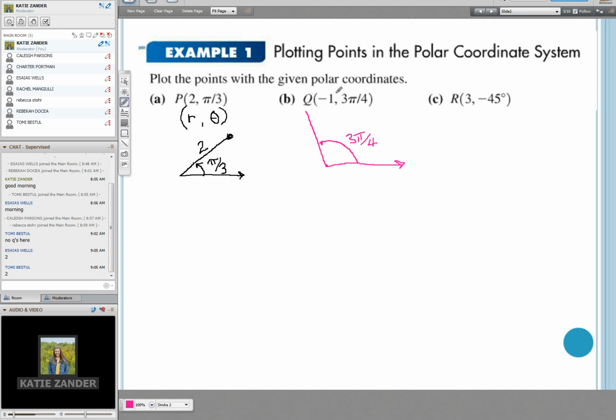But now how do we take into consideration this -1? Well, -1 means we actually have to extend it past the starting point, the length of 1. So that's where it gets a little bit weird with that r value. So again, we still want to draw this direction angle first, but then if there is a negative length, that means we move down from the starting point on that same diagonal that we were going here, but we move down the length of 1. So technically this is a -1 down in here.